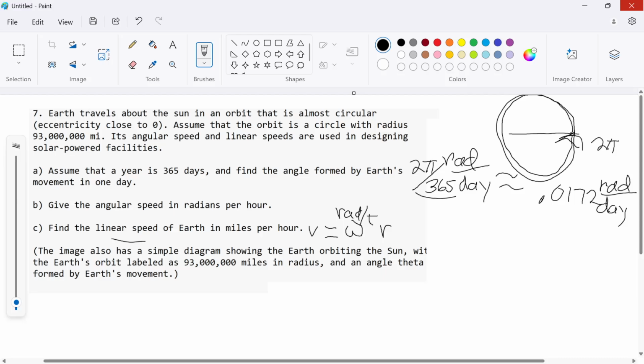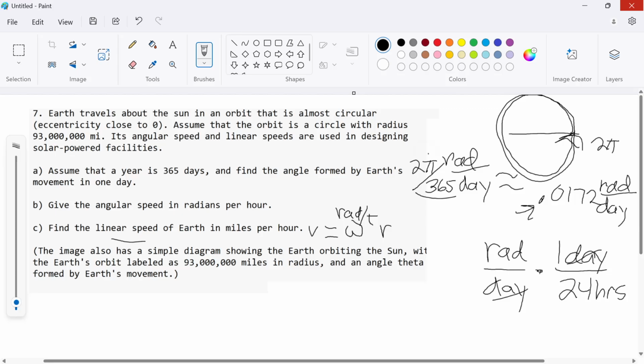Now it wants the angular speed in radians per hour. Well, look at the units. Radians per day, and if I multiply that by 1 day and divide it by 24 hours, the days cancel, I get radians per hour. So in other words, I just have to divide this by 24.